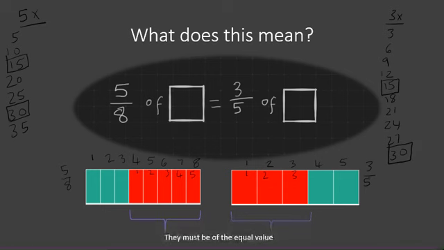If I was to choose 30, then that would be 1, 2, 3, 4, 5, 6. This is 6 times 5. And here, this is 1, 2, 3, 4, 5, 6, 7, 8, 9, 10. So this is 10 times 3. Okay.